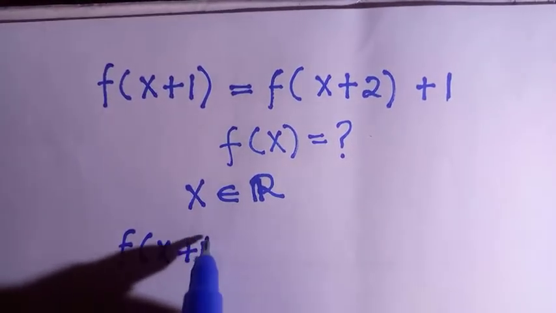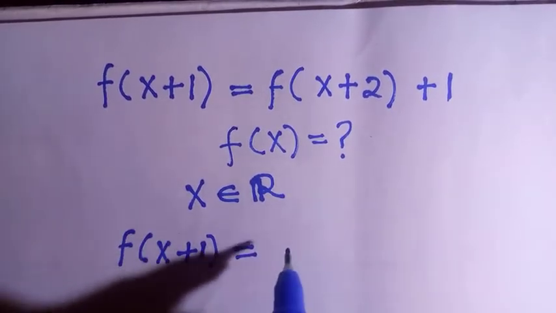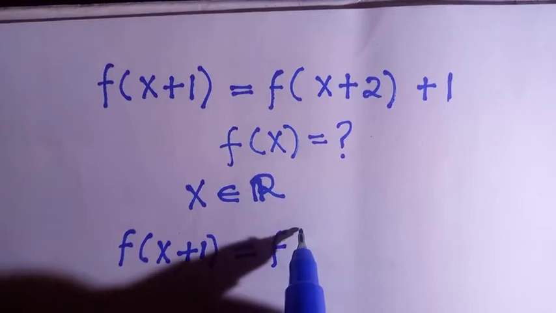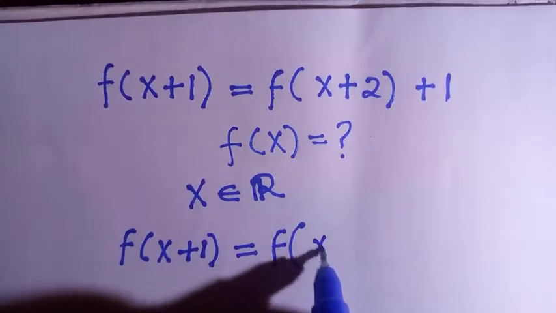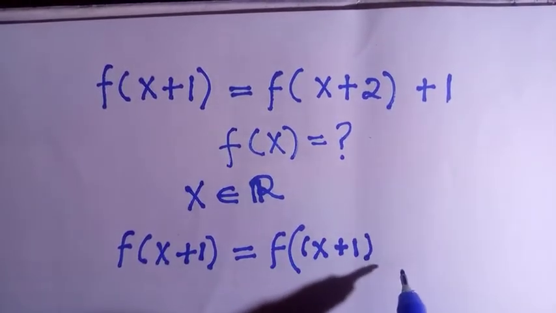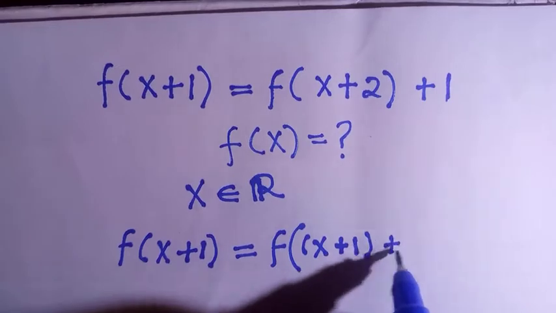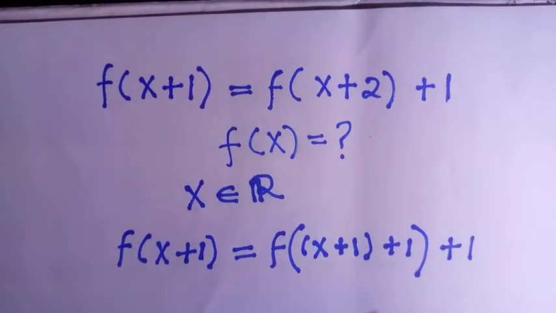We have f of x plus 1 equals, so if I split this x plus 2, it becomes f of x plus 1 in a bracket, then plus 1. So we put the x plus 1 under the bracket, then plus 1 outside.